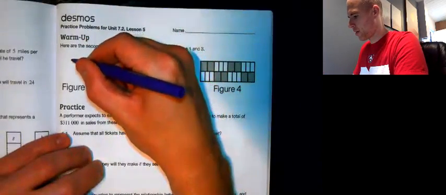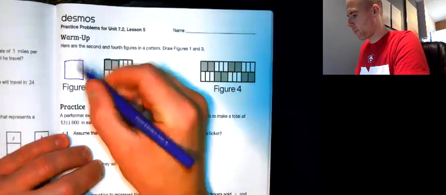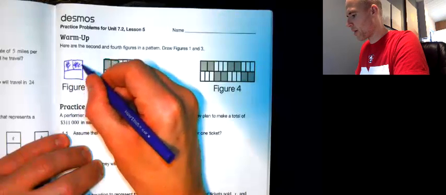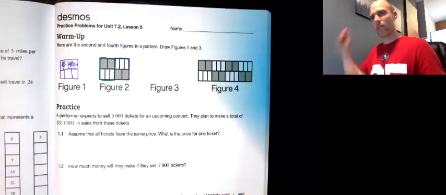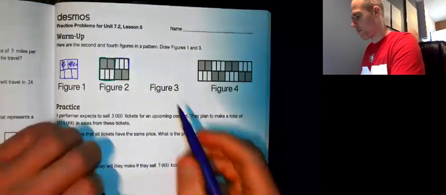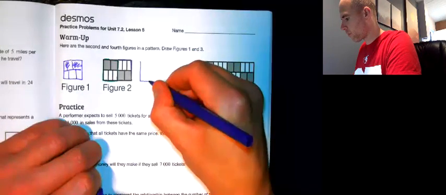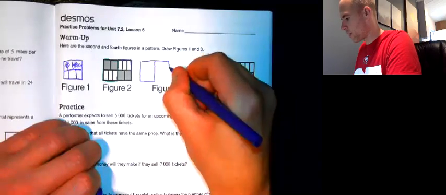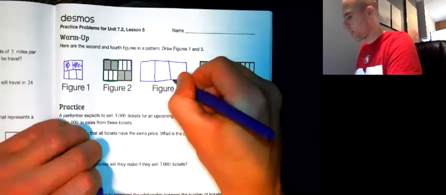I think I would draw it as having the 2 shaded in sections on the top and the 3 non-shaded in sections on the bottom. And then for figure 3, I'm going to make 3 of these sections. So 1, 2, 3.